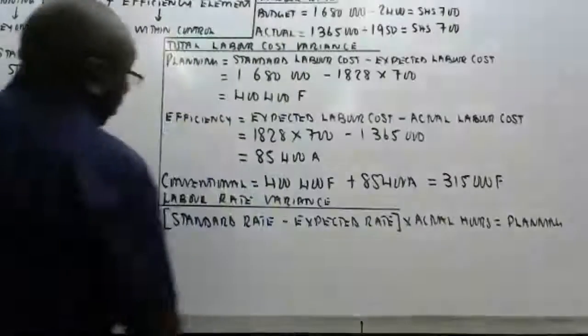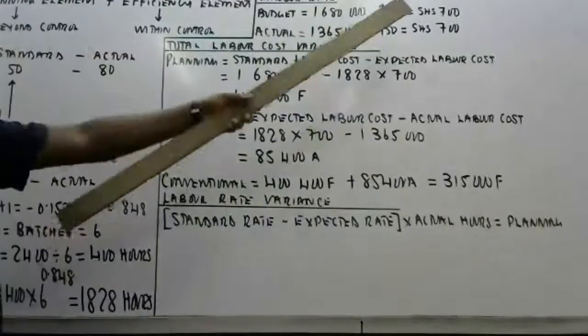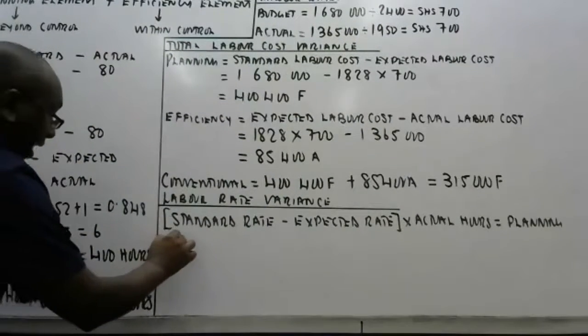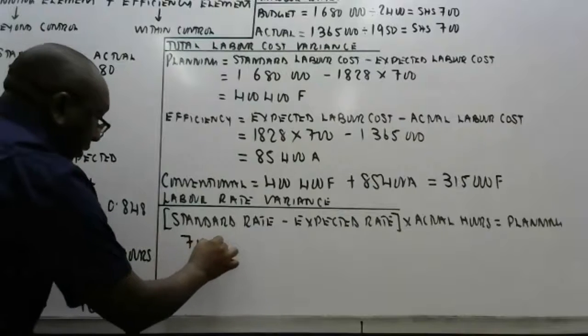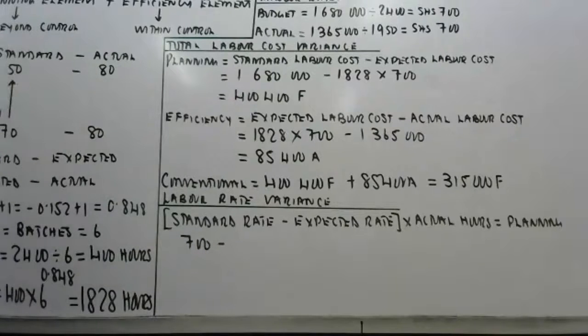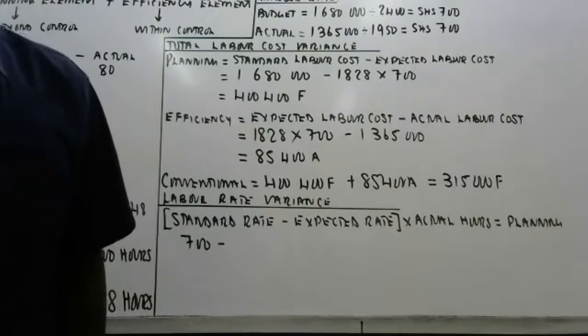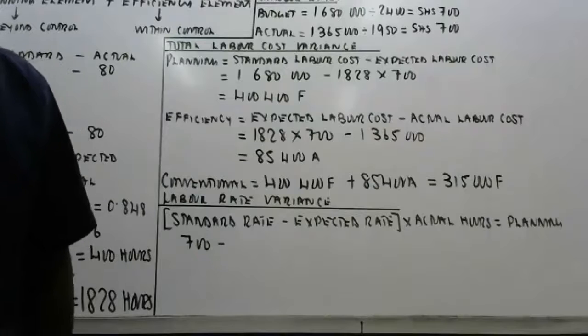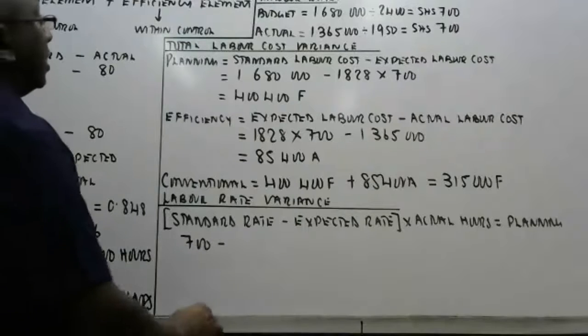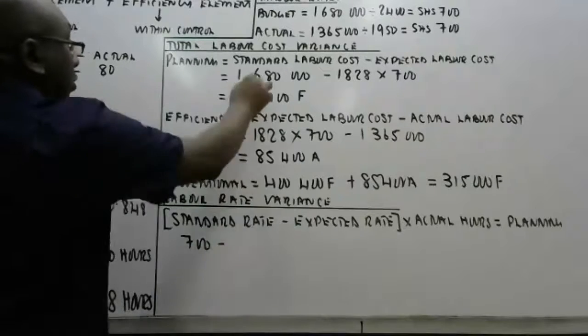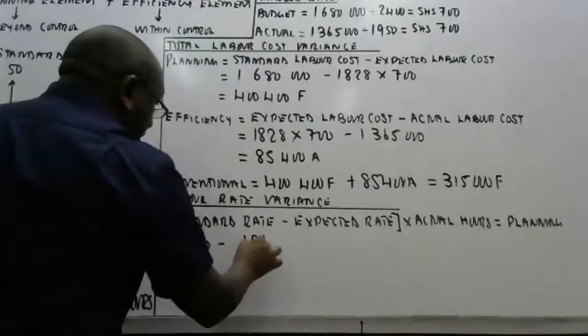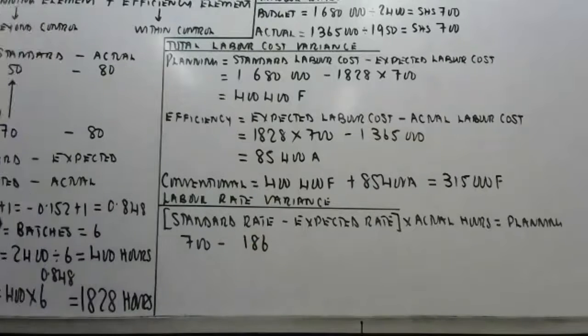So the standard rate is the budget, which is 700, minus the expected rate. The expected rate is 16, not 18.